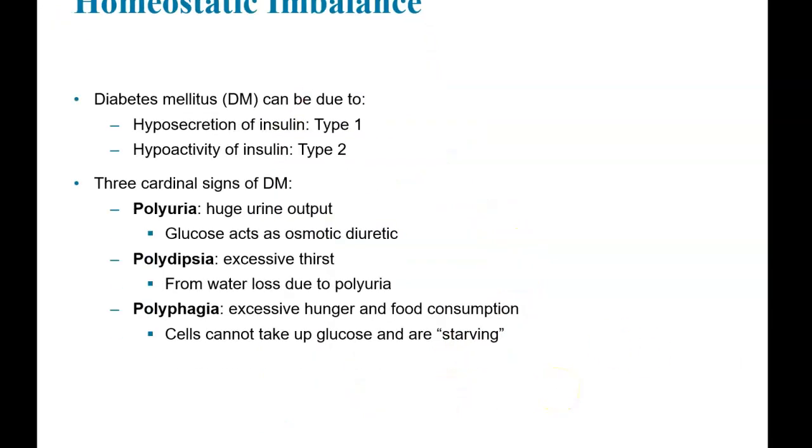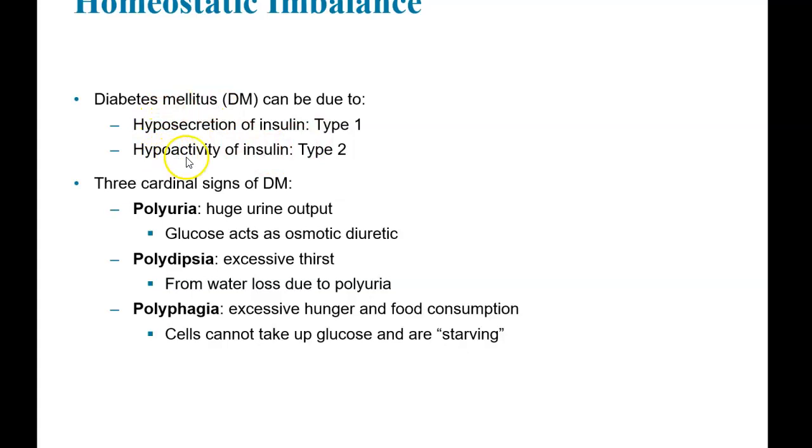And speaking of blood glucose levels, there's a disease that's called diabetes mellitus, which can be caused by two separate reasons that involve insulin. If there's hyposecretion of insulin, that's classified as type 1 diabetes. That means that your body or your pancreas is not secreting enough insulin or isn't secreting insulin at all.